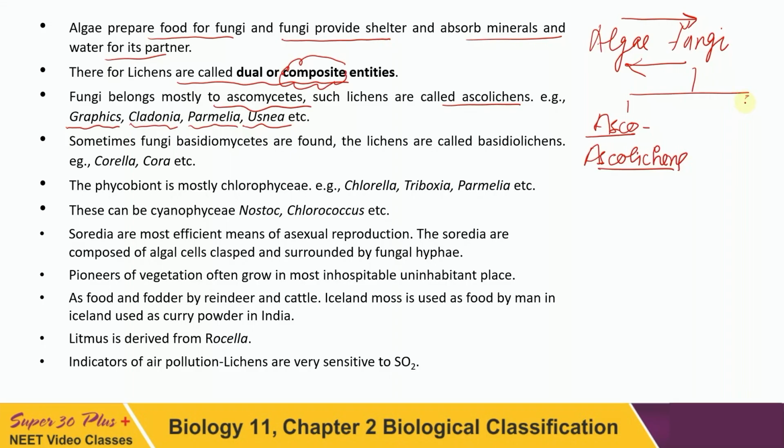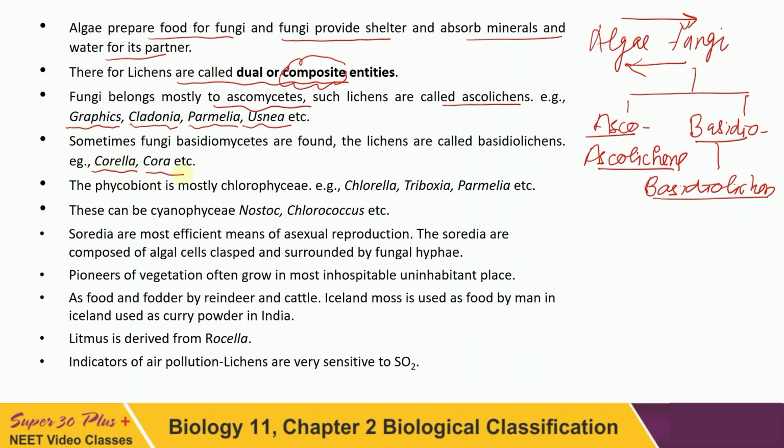In some lichens, instead of an Ascomycetes fungus, the fungus may be of the Basidiomycetes group, and similarly they will be known as basidiolichens. A few examples of this type of lichen are Cora and Chlorella.